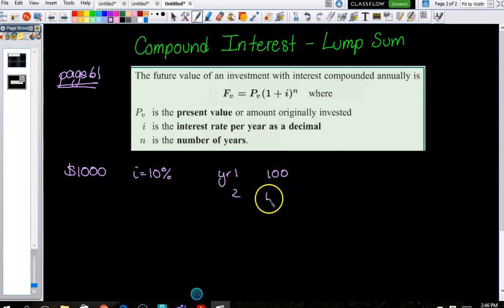At the end of year 2, you would earn another $100 in interest. Guess what? At the end of year 3, you would earn $100, right? Etc., etc., etc. That's for simple interest.